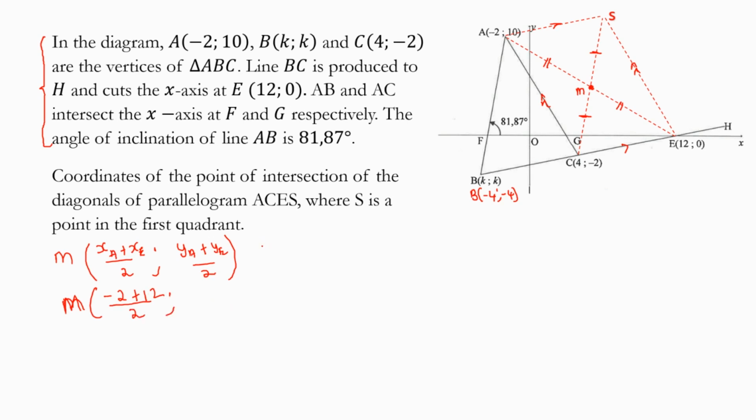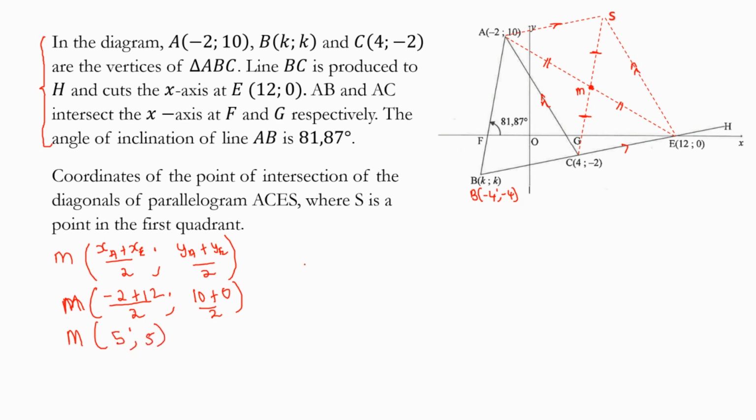And then for the y coordinate, 10 plus 0, divided by 2. So M is 10 divided by 2 is 5, and 10 divided by 2 is 5.